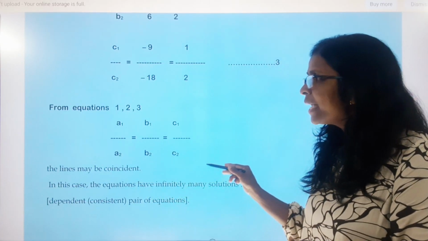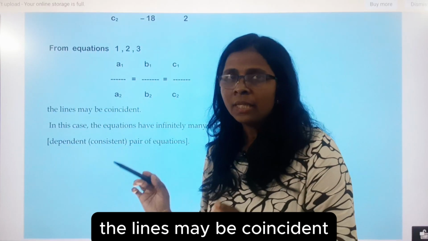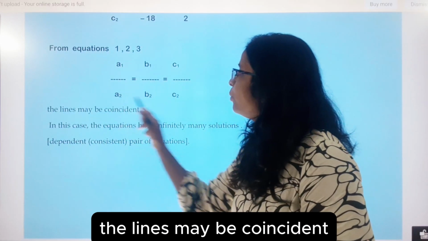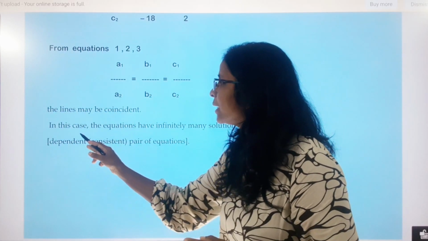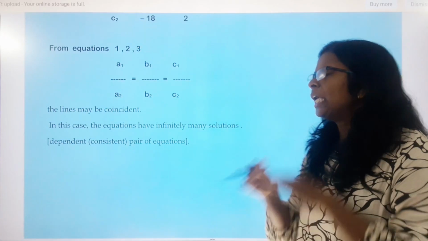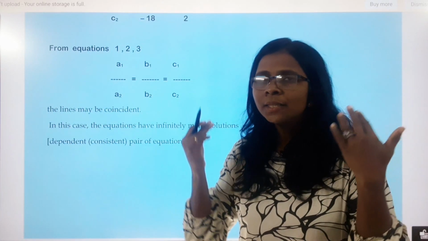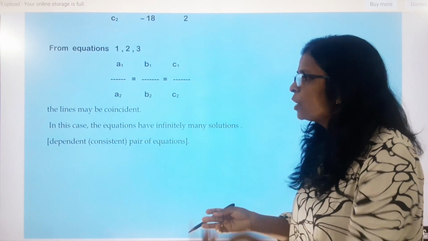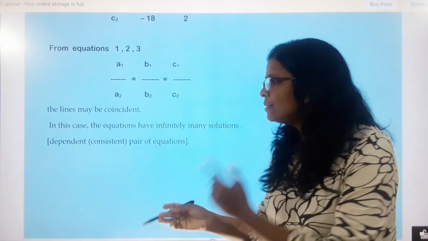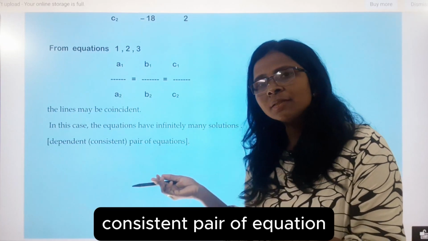So that means we can say that the lines may be coincident. In this case the equations have infinitely many solutions. As the equations have infinitely many solutions, we can say it is a consistent pair of equations.